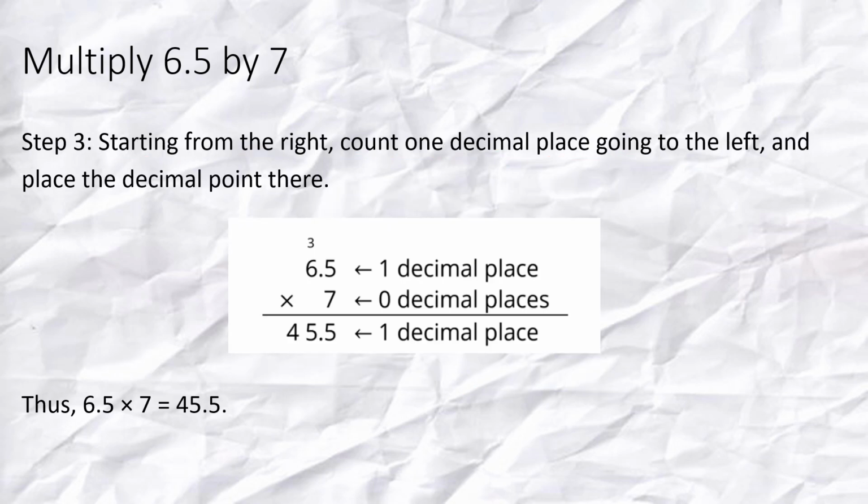So for step 3, starting from the right, count 1 decimal place going to the left, and that will be the placement of your decimal point. So this is the starting point. We will count 1 decimal place. So 1. Therefore, we will put here your decimal point. So the final answer for 6.5 times 7 is 45.5.